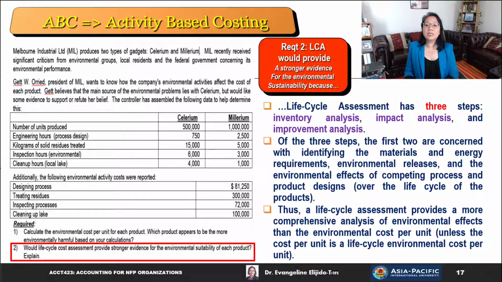Therefore, life cycle assessment will actually provide a more comprehensive analysis of the environmental impact than just calculating the environmental cost per unit, unless, of course, we calculate the per unit environmental cost over the entire life cycle of the product. But from our analysis using the activity-based costing, that's not likely the case. It's not likely that we are looking at the environmental cost of Celerium and Millennium over its life cycle. All right.